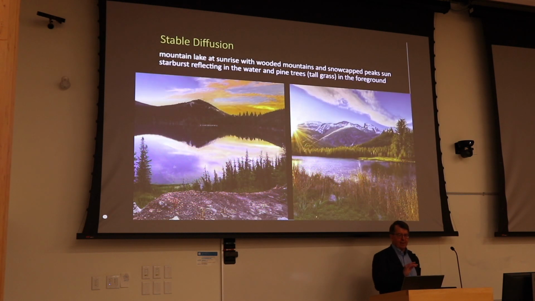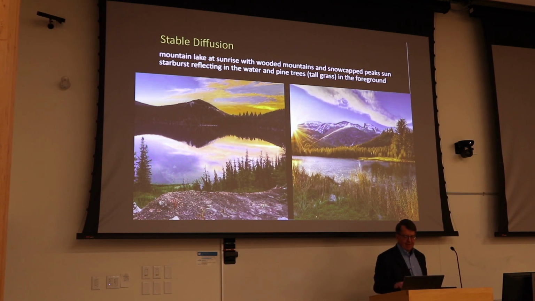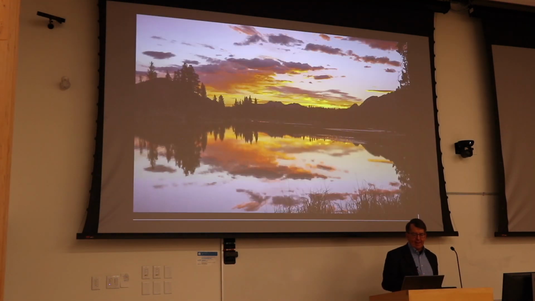And then this is another product called Stable Diffusion. So this was just a mountain lake at sunrise, trees in the foreground, grass in the foreground in the other image. And then this is a photo, this is mine. But I mean, the idea that once you start looking at these, it's really hard to tell what was real and what was generated by the computer.